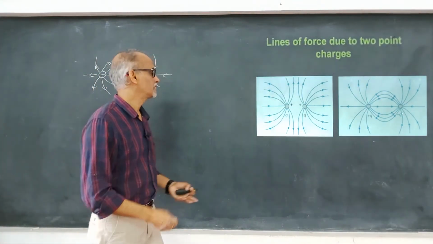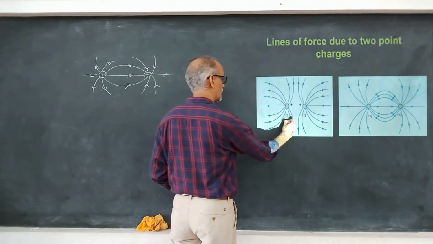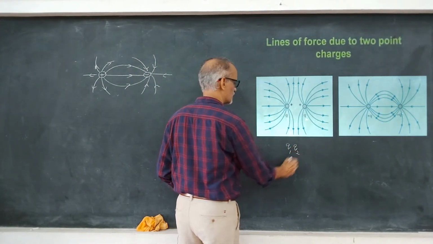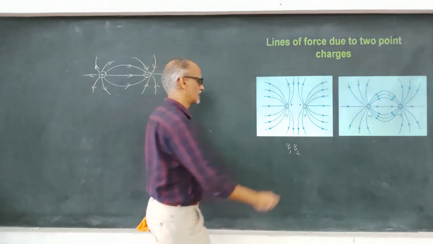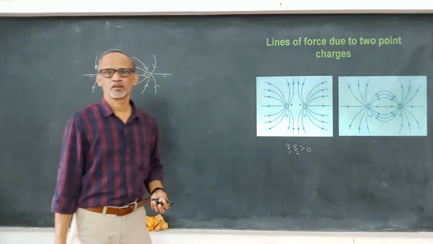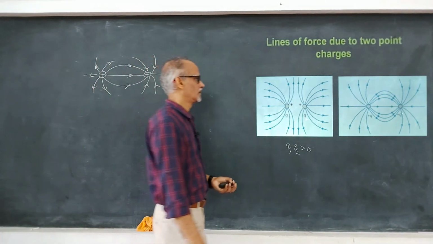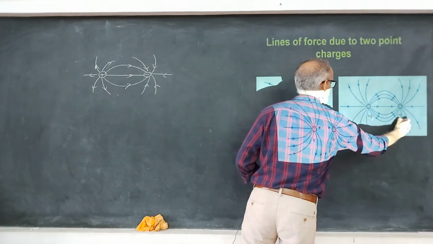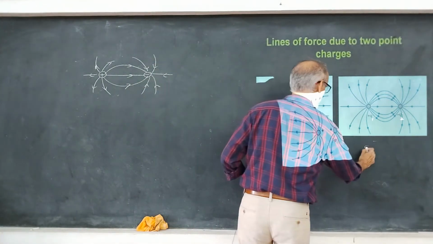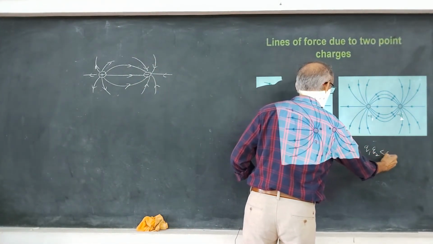So here we can write like this: if this is Q1 and if this is Q2, then here Q1 into Q2 greater than 0. Again here also, if this is Q1 and if this is Q2, their product Q1 Q2 is lesser than 0.